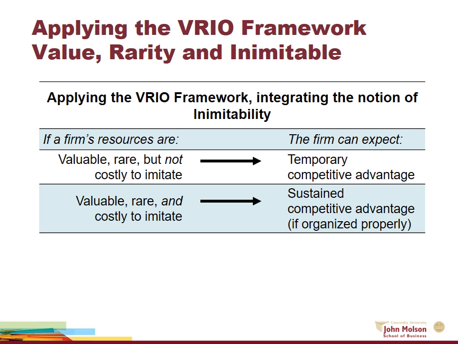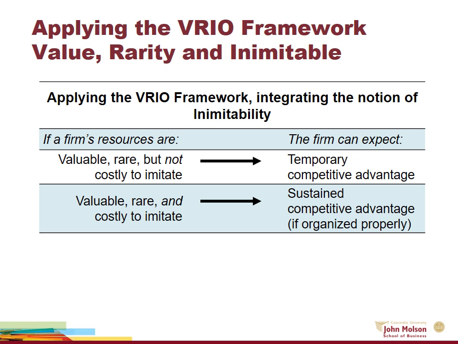Now we'll add the third question, the question of imitability. So if the resource is valuable and it's rare, but it's not costly to imitate, then the advantage will be temporary because other organizations will hurry up and try to imitate that resource. So they will obtain valuable and rare themselves, and then your resource will not be inimitable anymore.